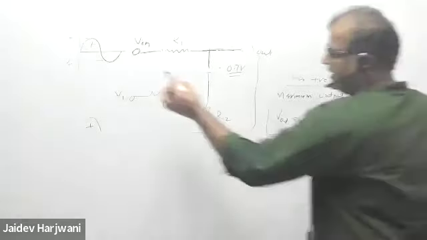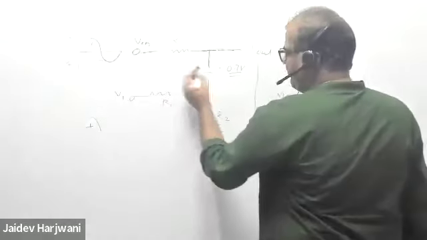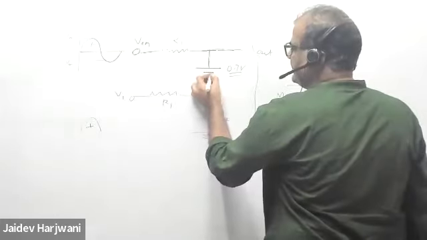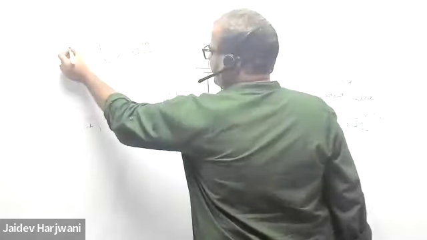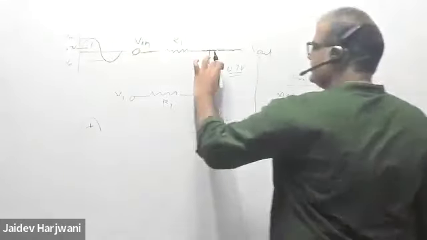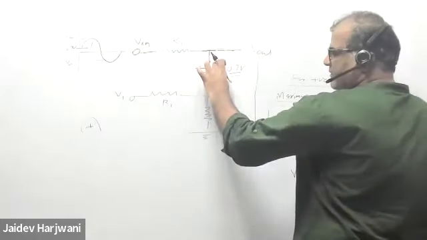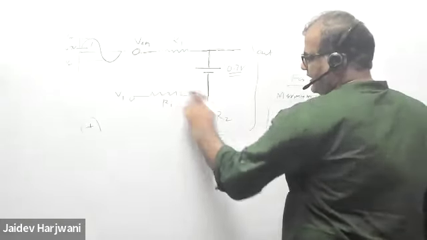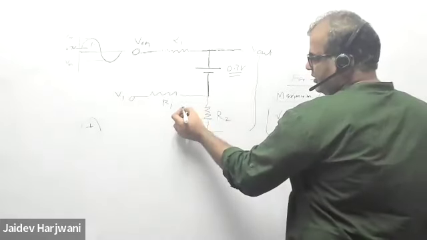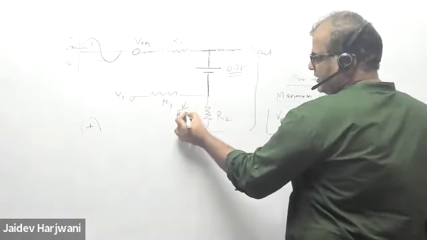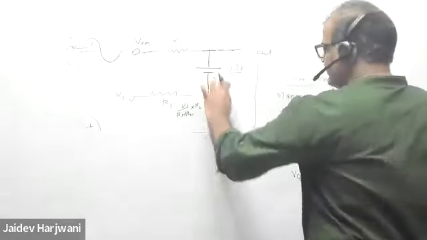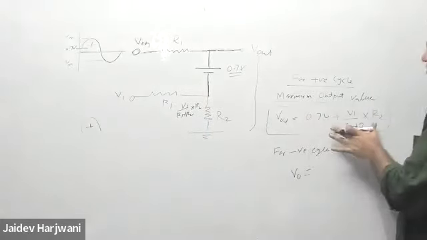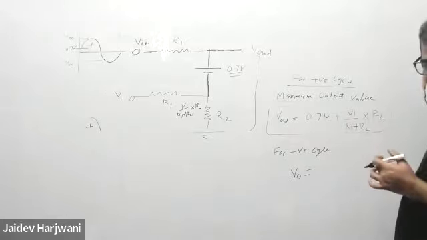If I take positive cycle, if my input is greater than 0.7 volt, this diode will conduct and will be replaced by a battery. And here the voltage is coming V1 upon R1 plus R2 into R2. So this voltage plus this voltage is the maximum voltage, which is a fixed voltage.